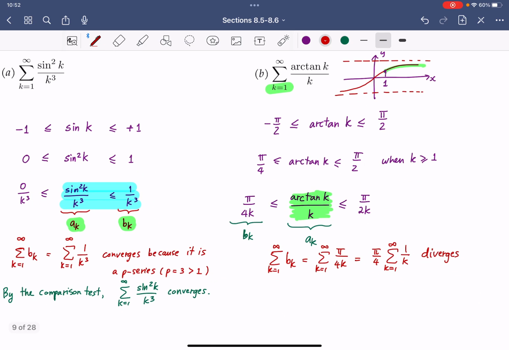Same thing. I say harmonic series, 1 over K. So it's divergent. Then when you make a conclusion, it means that by the comparison test, the given series is divergent.